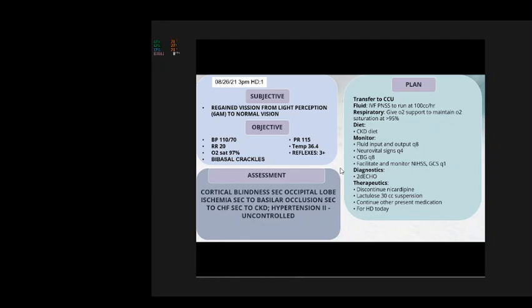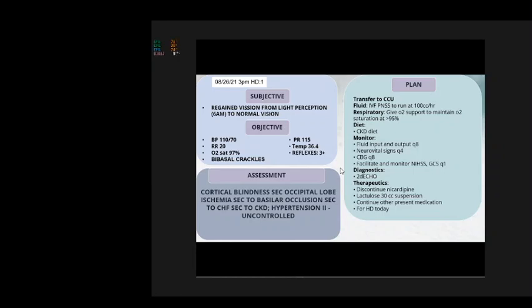Actually, your PCA is an offshoot of your basilar artery. But if you say kasi basilar, yun talaga yung trunk, no, sa gitna, and you will actually have other lesions, other symptoms. Sige, pag basilar occlusion, anong kadalasang manifestation ng patient?